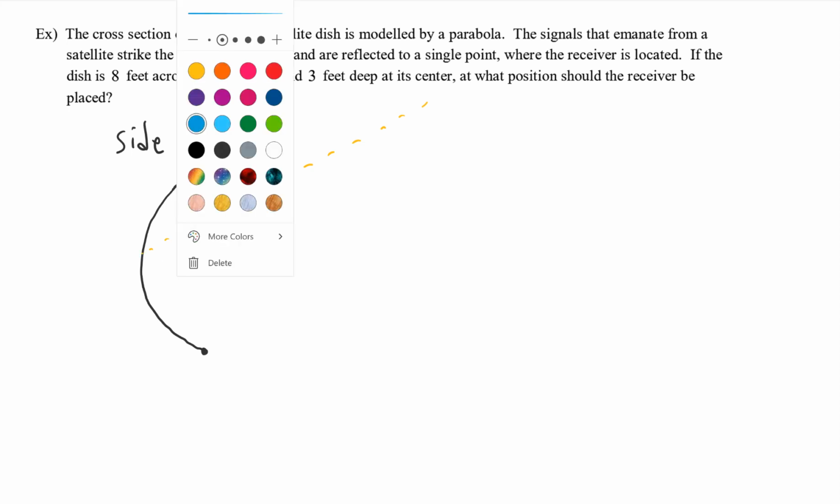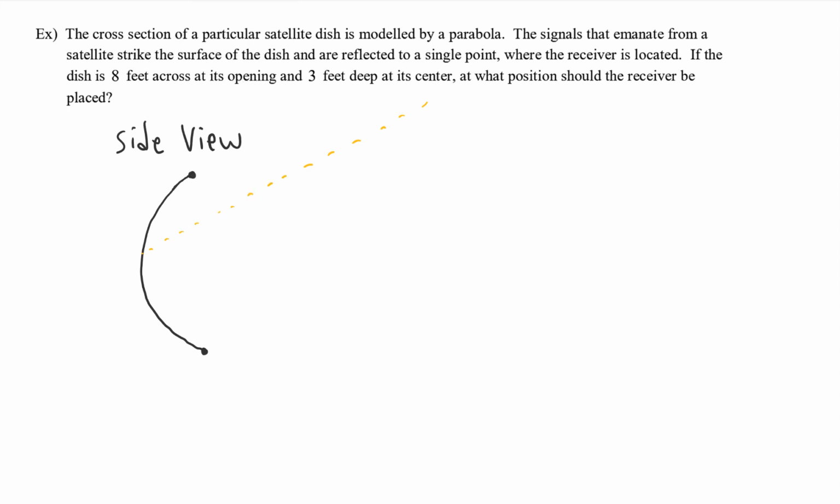That's the beauty of this geometric shape: whatever the focus is, these signals are always going to bounce to it. So even if the signal comes in here, it's going to bounce to the focus. Even if the signal comes in here, it's going to bounce to the focus. Every signal from the satellite orbiting the Earth that hits your dish will be bounced to the focus. So they just need to put the little receiver there, and it'll collect all these signals.